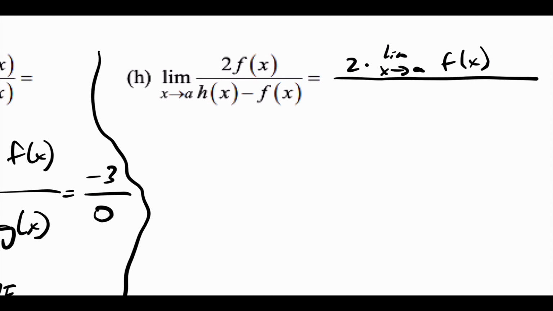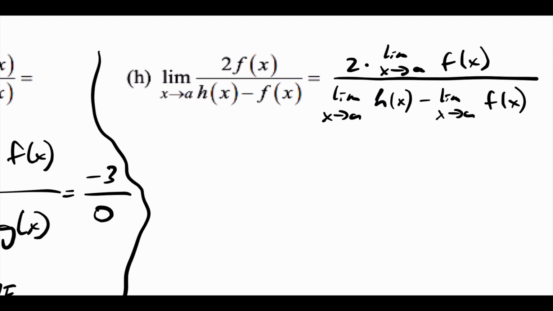The bottom is just subtraction. So I'm going to get the limit of h, get the limit of f, subtract them. This one's just mixing properties. That's all it's doing. It's mixing more than one property together. It's nothing we haven't done. It's just you're used to doing one property and being done. This one's mixing.